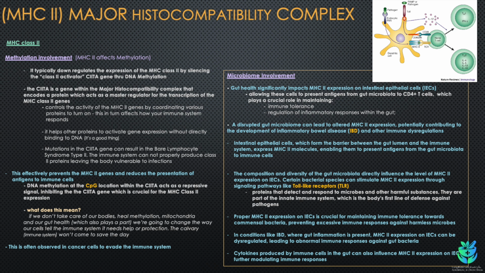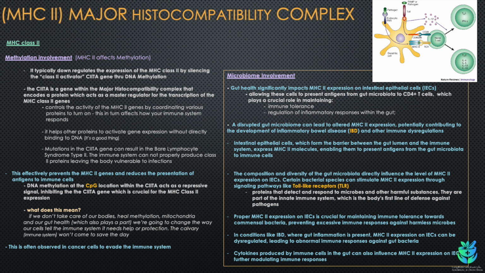The MHC and the microbiome also are connected as well. Gut health significantly impacts MHC2 expression on intestinal epithelial cells. This allows these cells to present antigens from the gut microbiota to the T helper cells, which plays a crucial role in maintaining immune tolerance and regulation of inflammatory responses within the gut. A disrupted gut microbiome can lead to altered MHC2 class expression, potentially contributing to the development of inflammatory bowel disease and other immune dysregulations.